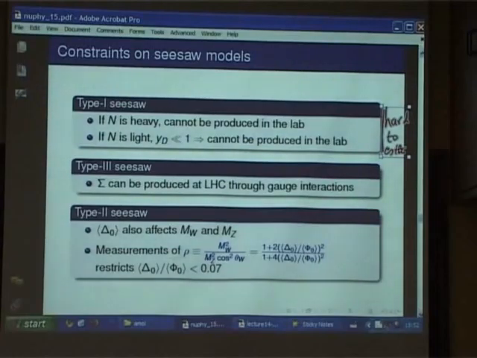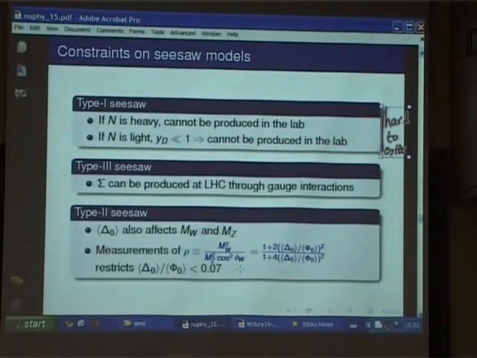Now we have a very nice prediction for rho, the rho parameter that I talked about earlier. It's m_W squared divided by m_Z squared cosine squared theta. With only our Higgs, the standard phi Higgs, rho is exactly equal to 1 at first order. But if you introduce new contributions to the mass of W and the mass of Z, this relation is going to get ruined.